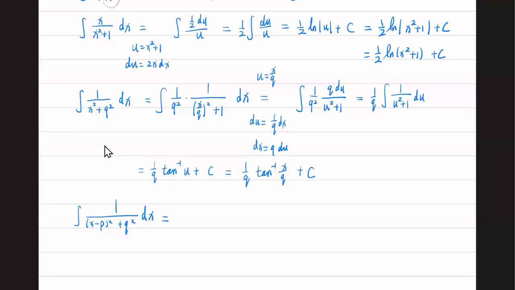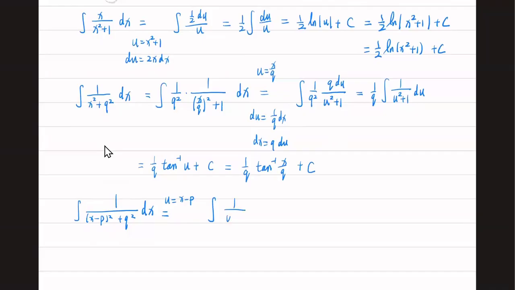Use substitution. What will be your u? Let's substitute another variable for x minus p. Right. Use the substitution, du equals dx.